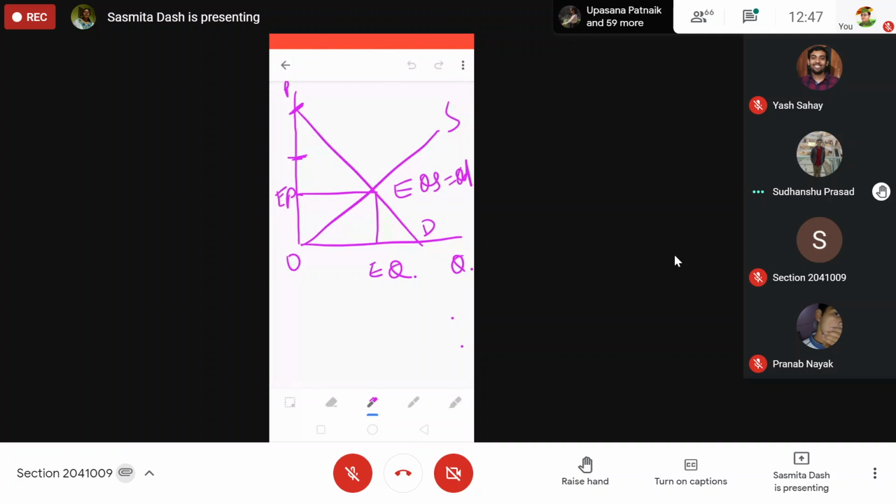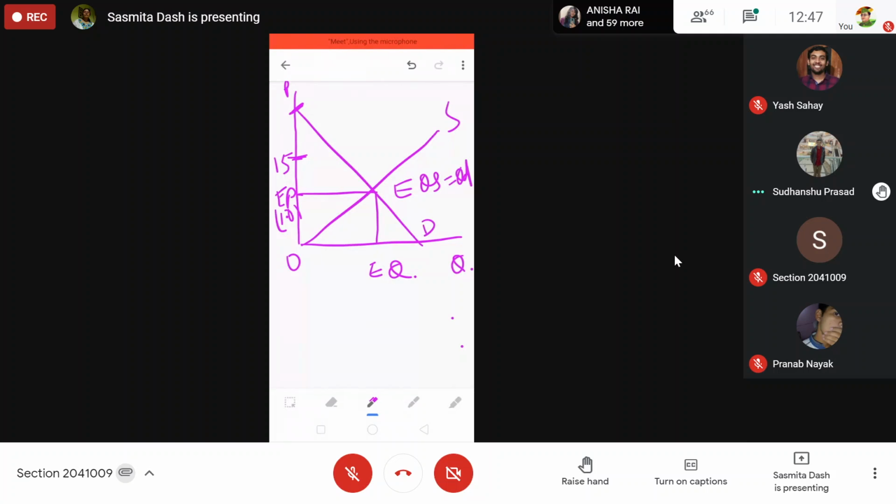When we are talking about consumer surplus, consumer surplus is the difference between the market price of the product and how much the people are willing to pay. Suppose your equilibrium price is 10 rupees. Some people must be ready to pay 15 rupees, but actually they are paying 10 rupees.